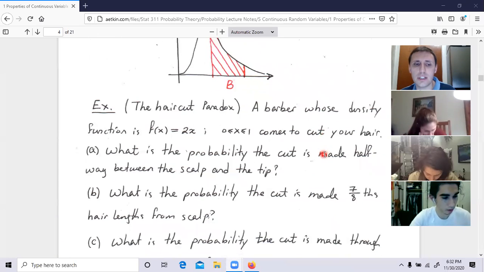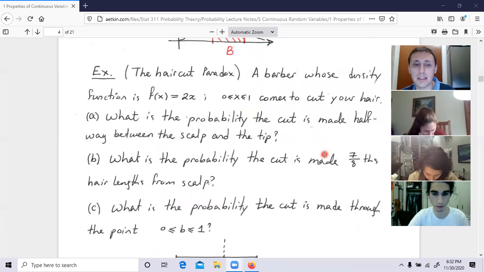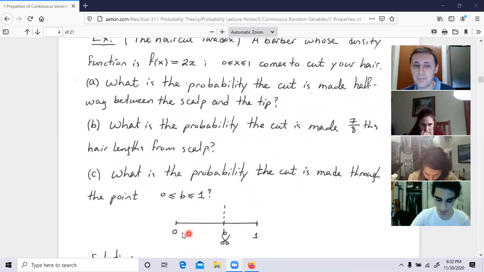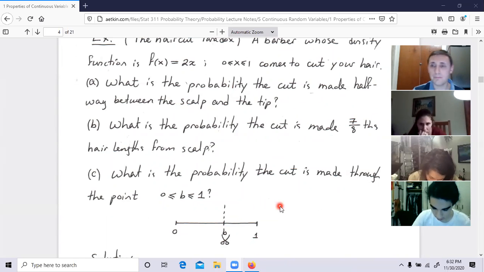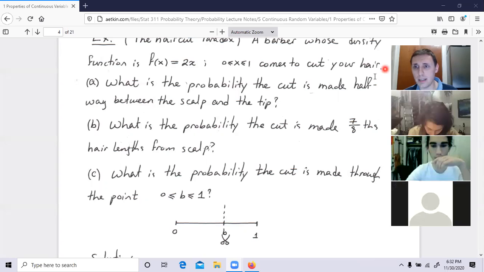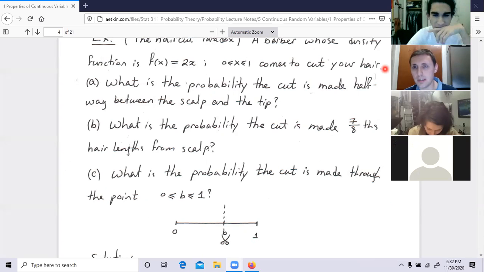And now let's ask in general, what's the probability the cut is made at some point B between 0 and 1? Some arbitrary point B between 0 and 1. Oh, interesting. Now, isn't it surprising? Haven't we just discussed it, guys?